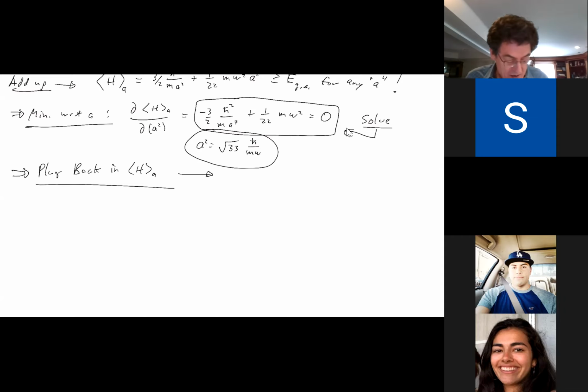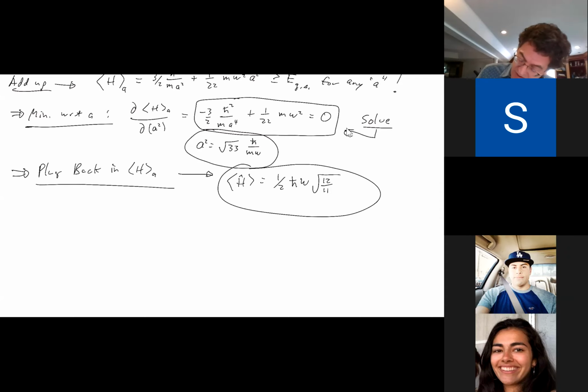And when you do that and do the algebra, what you'll see is that you're going to get H is equal to 1/2 h bar omega times square root of 12 over 11.